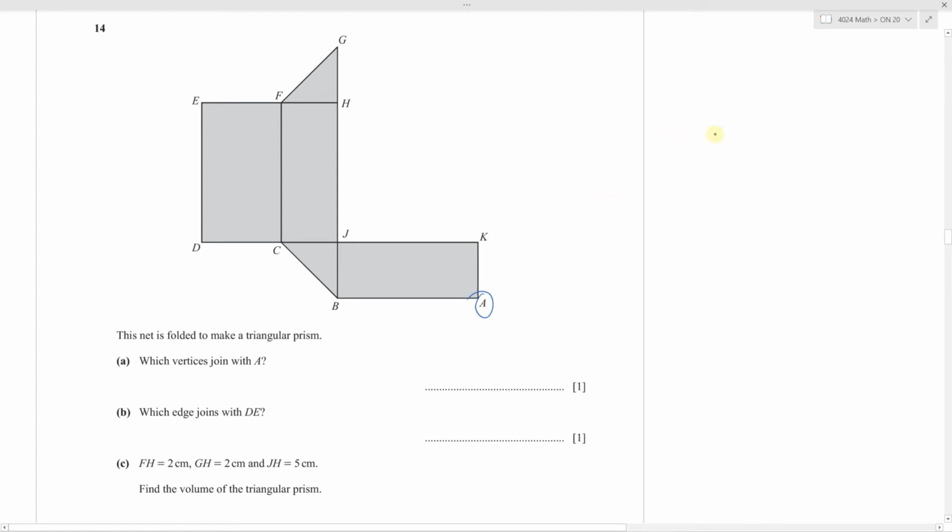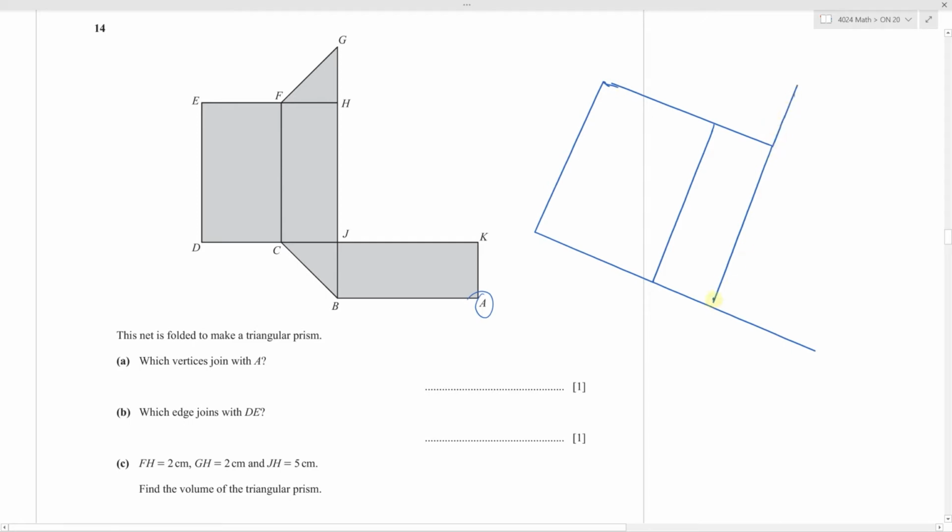So let me redraw this a little bit, tilt it like this, and then I'll label the points as well.